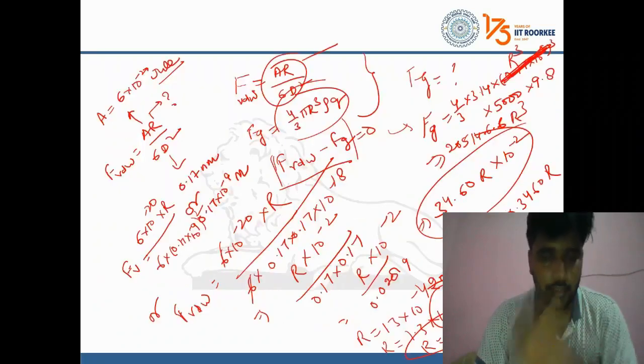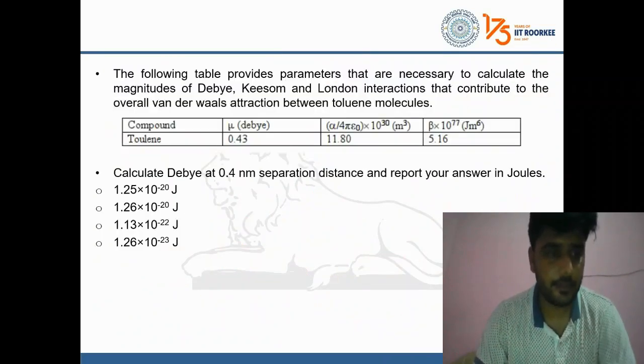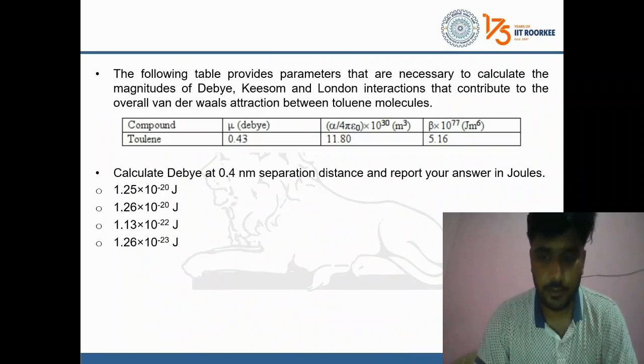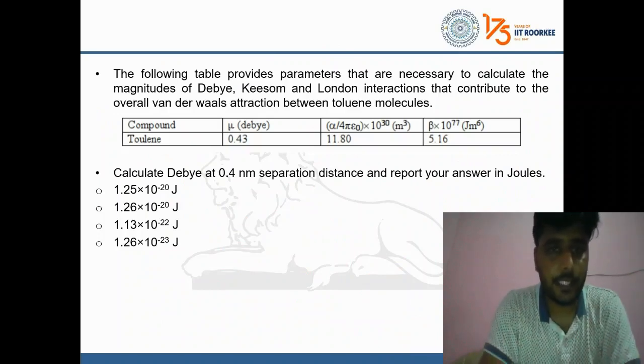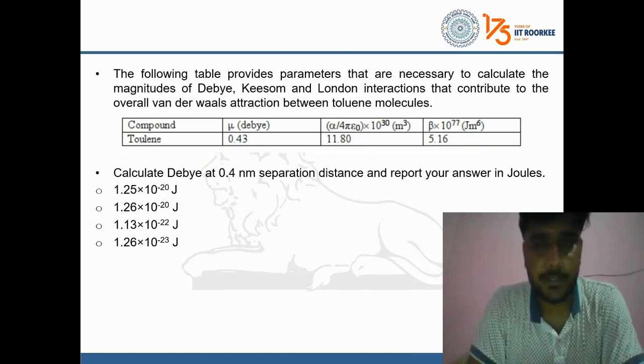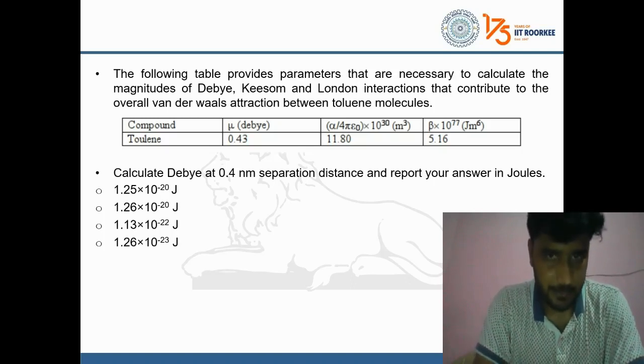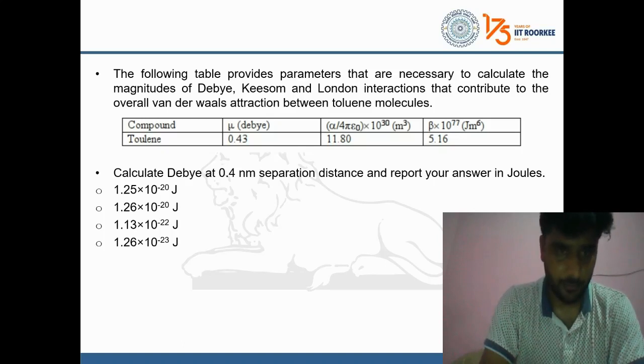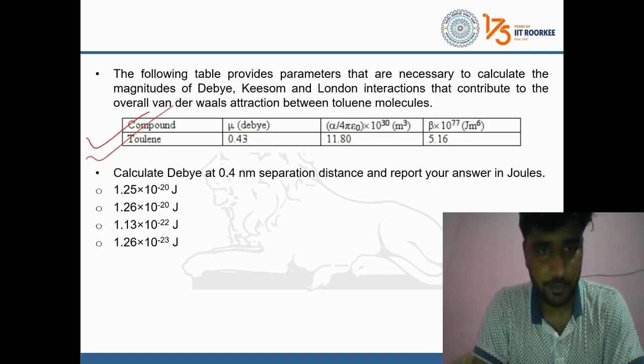So the next question is, the following table provides parameters that are necessary to calculate the magnitudes of Debye, Keesom, and London interactions that contribute to overall van der Waals interaction between toluene molecules. So here are the values that are given for toluene.